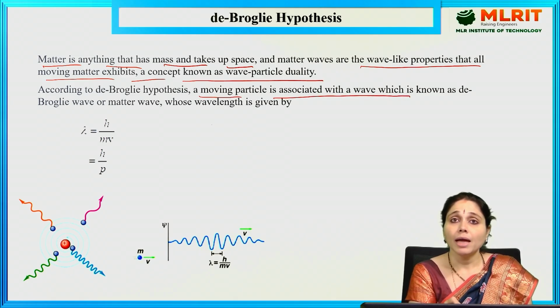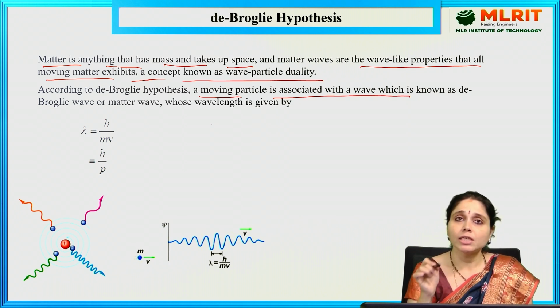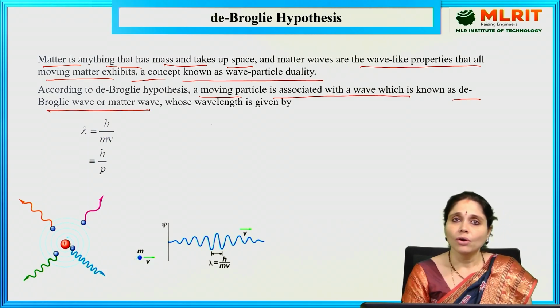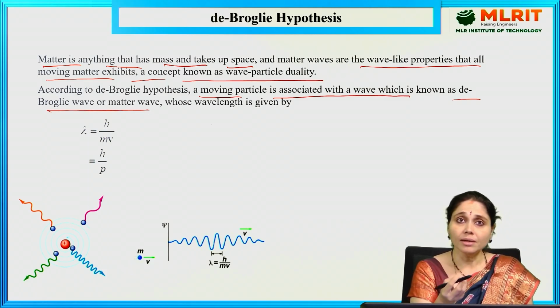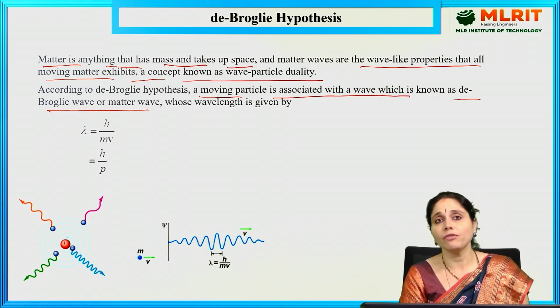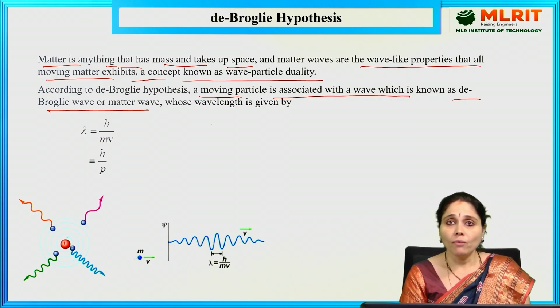Remember this, a moving particle is always associated with a wave, which is known as a de Broglie wave or matter wave. So we got the matter wave definition. What is the definition of a matter wave or de Broglie wave? A moving particle is associated with a wave which is known as a de Broglie wave or matter wave.